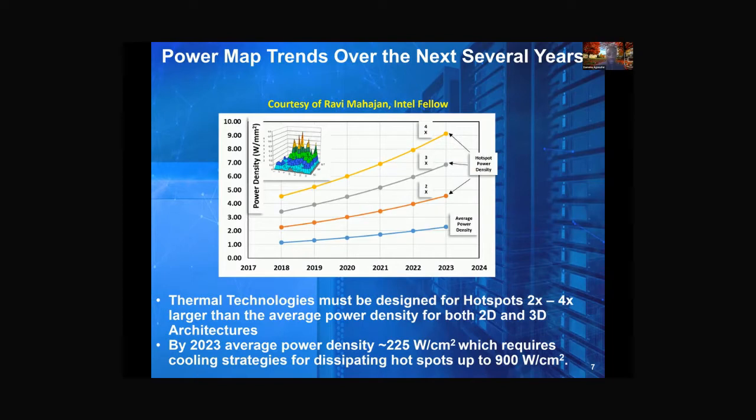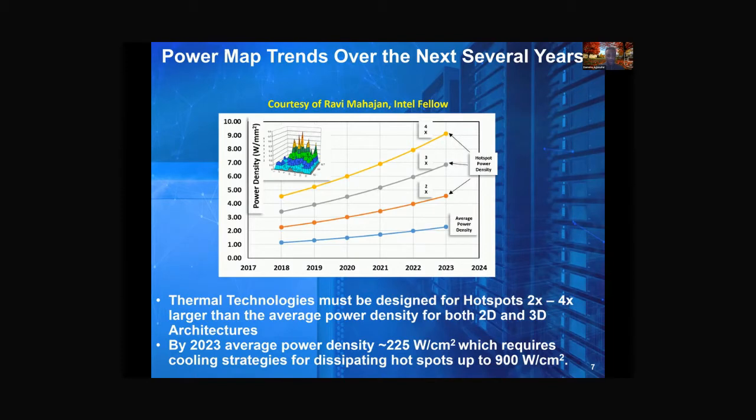The main point here is that thermal technologies must be designed not just for the average power, but for the hotspots. We need to develop thermal technologies that can dissipate these hotspots that are typically 2 to 4 times larger than the average power density.